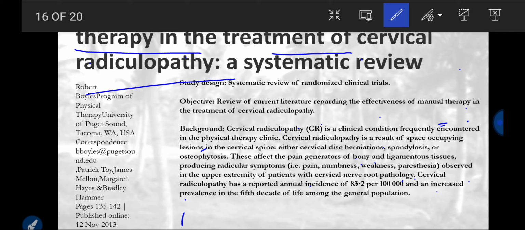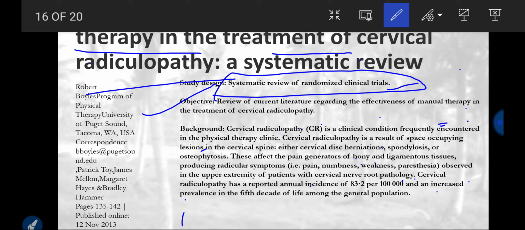The inclusion criteria is manual physical therapy, randomized clinical trial or systematic review. What is the objective? Review of the current literature. So current literature on the effectiveness of manual therapy is included in this study.